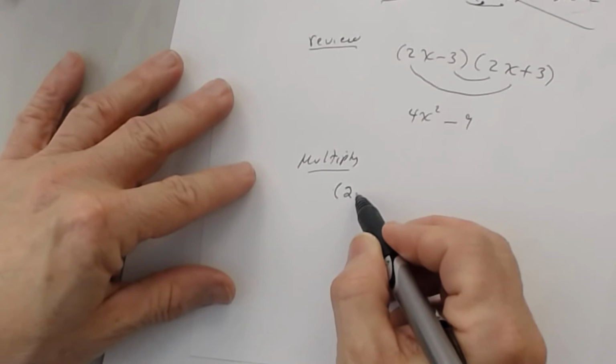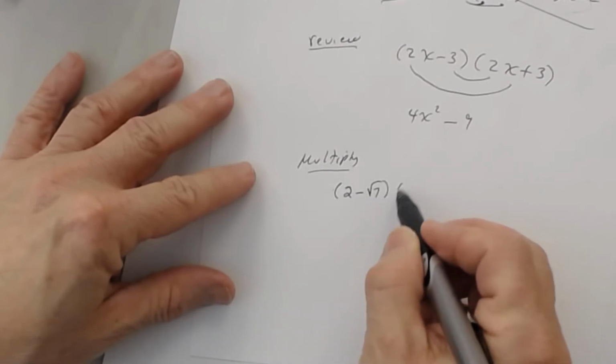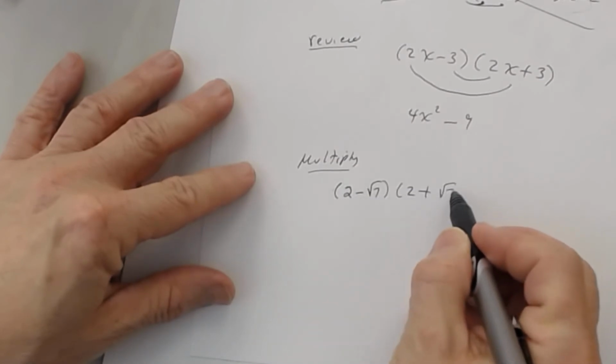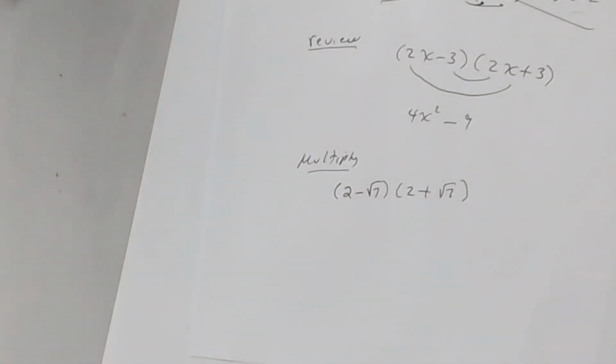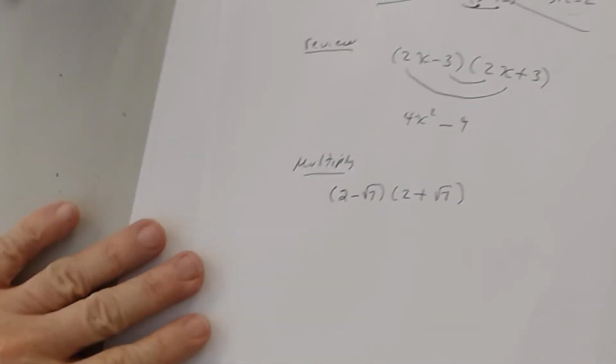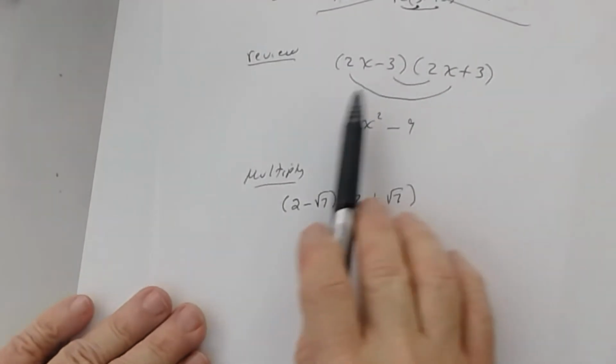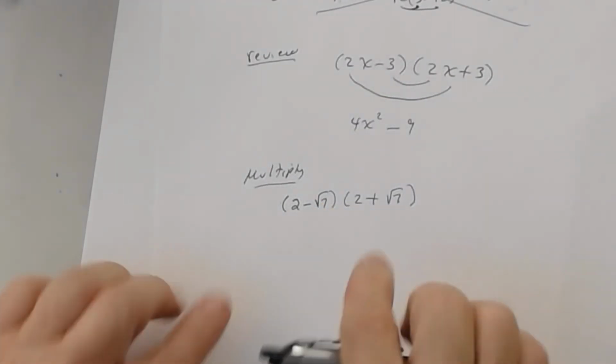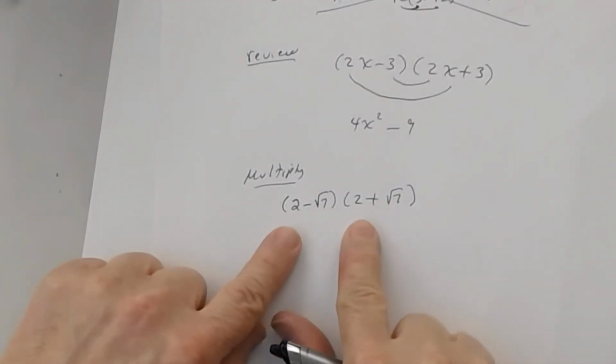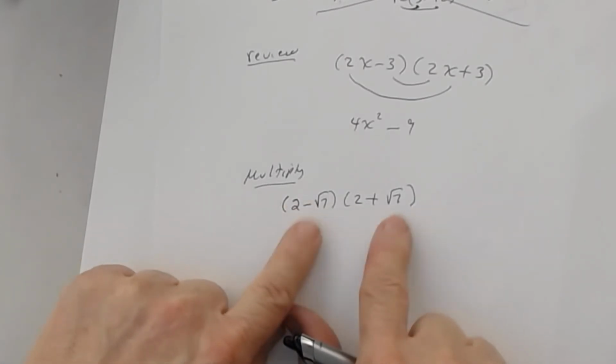2 minus the square root of 7 times 2 plus the square root of 7. Doesn't it kind of look like the difference of two squares? The 2's are alike. What do you notice about the square root of 7's that you see here?